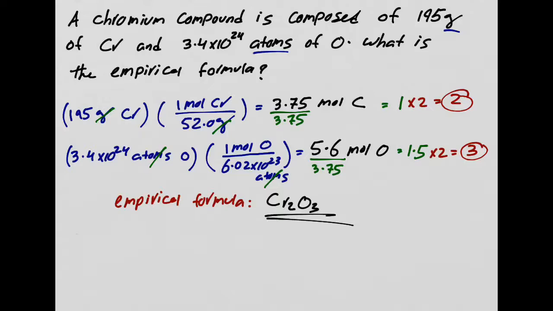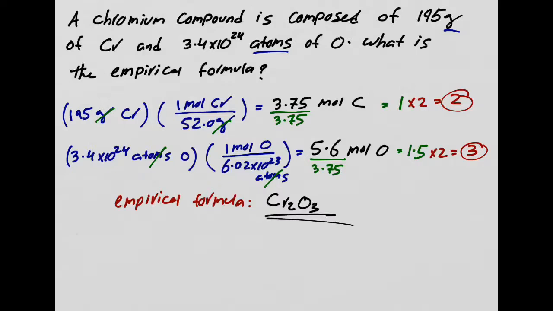Now, I don't ask you for the molecular formula here, so we are done. But if I had asked you for the molecular formula, I would have had to give you the molecular weight, right? So you could compare the molecular weight of the actual formula to this one, to decide what you need to do to turn it into a molecular formula.